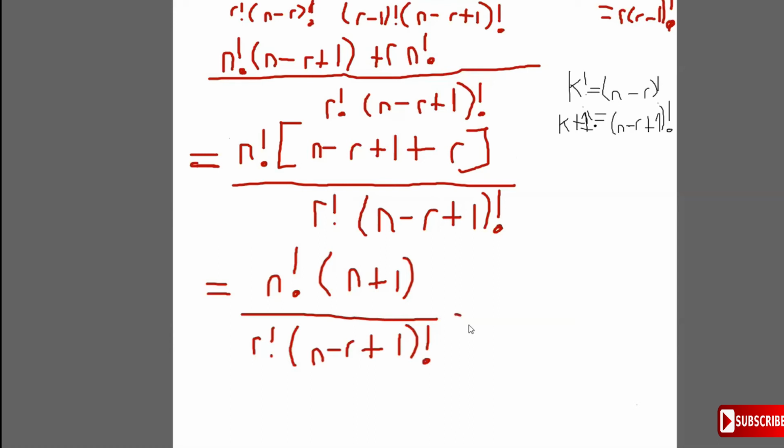And that's equal to, now, n factorial times n plus 1 is (n plus 1) factorial.